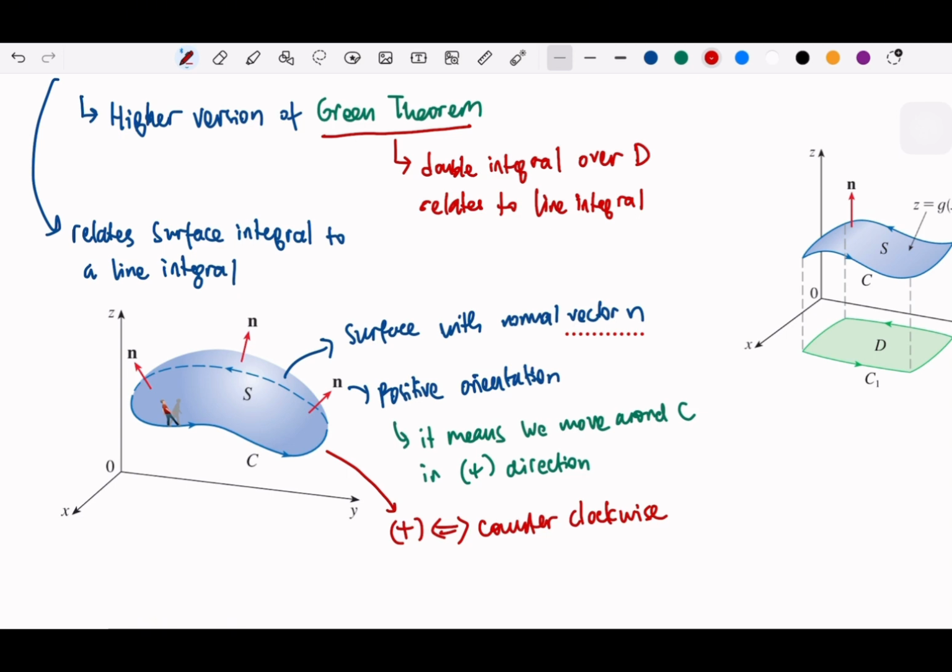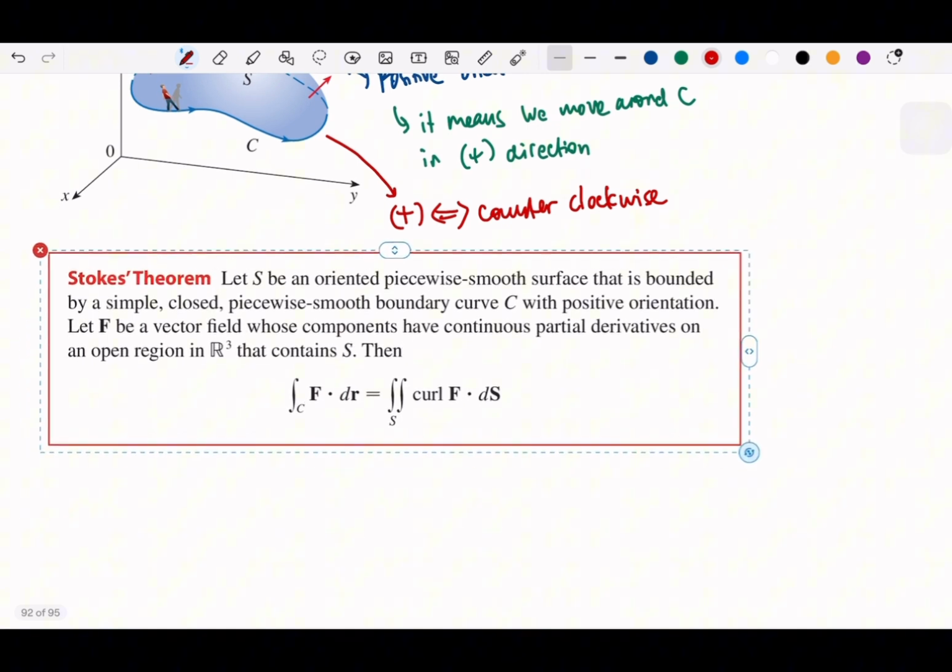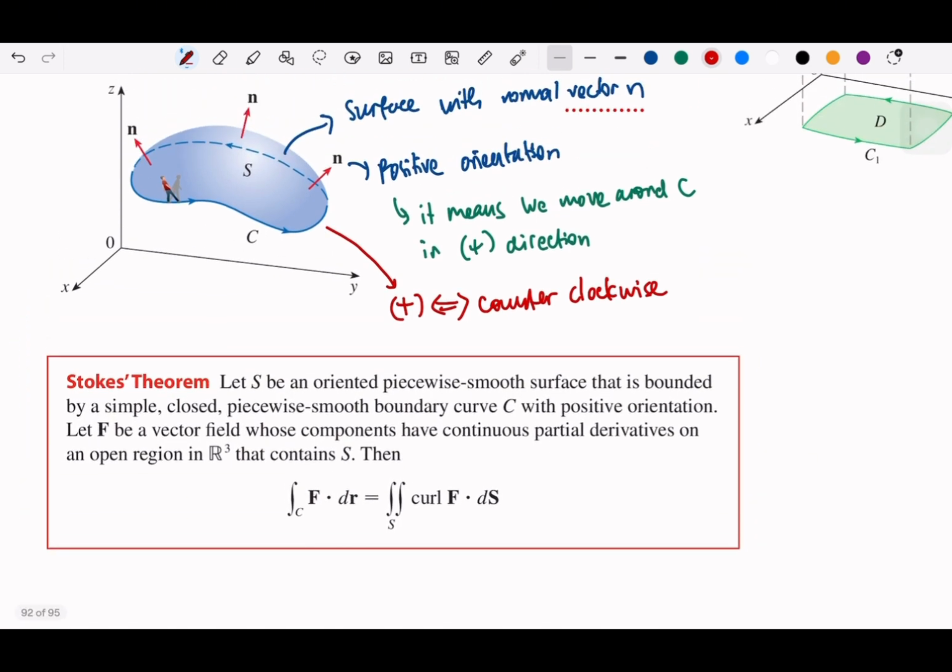So let S be an oriented piecewise smooth surface that is bounded by a simple closed piecewise smooth boundary curve. Basically, we have a closed smooth curve C with positive orientation, and F is a vector field that goes through the surface, and the components of the vector field are assumed to have partial derivatives on an open region that contains S. Okay?